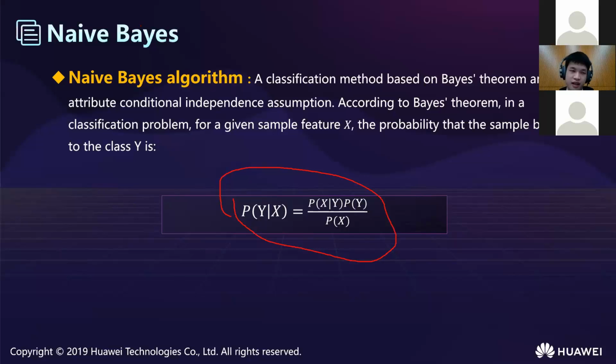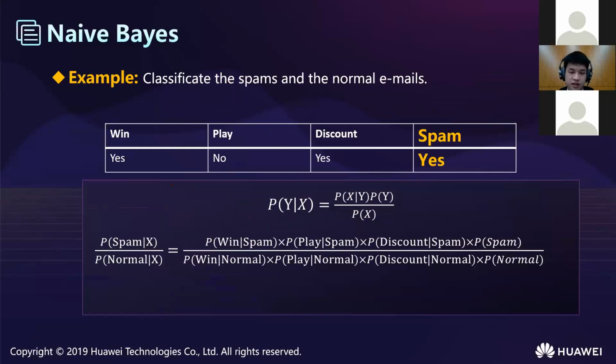And in the naive Bayes model, we need to use this formula. I will give you an example. The task is to recognize spam. Do you know what spam is? The trash email. Yes. Okay. So the task is to recognize spam and normal email.